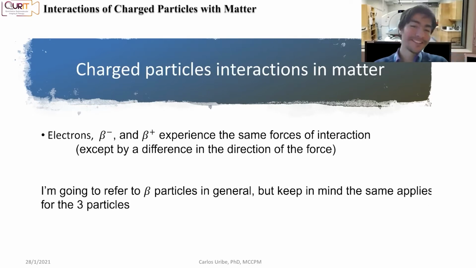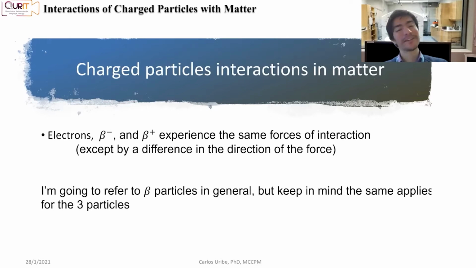Electrons, or beta minus and beta plus particles, experience the same forces of interaction, except that there's a difference in the direction of the force, if it's a negatively charged or a positively charged particle. We've talked in the past that electrons and beta plus are basically the same particle in the sense that they have the same mass.